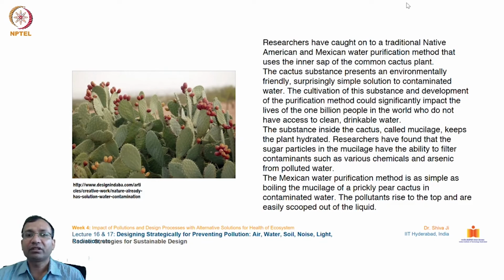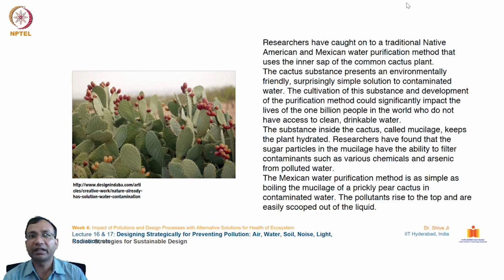So how can this pollution and its effects be controlled? There are natural methods available in nature by which several types of pollution, for example water pollution, which is being talked about on this slide, can be taken care of.